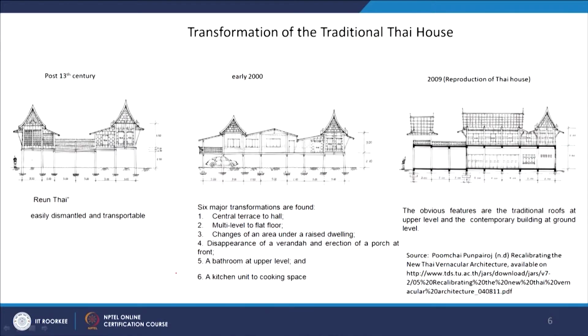Like we talked about the transformation of a traditional Thai house, starting from Rayon Thai, post 13th century onwards, you can see how it is well documented based on the various ongoing challenges and changes. In 2009 it was divided stage by stage, with the major influences, how it was negotiated, and how the functionality was determined.